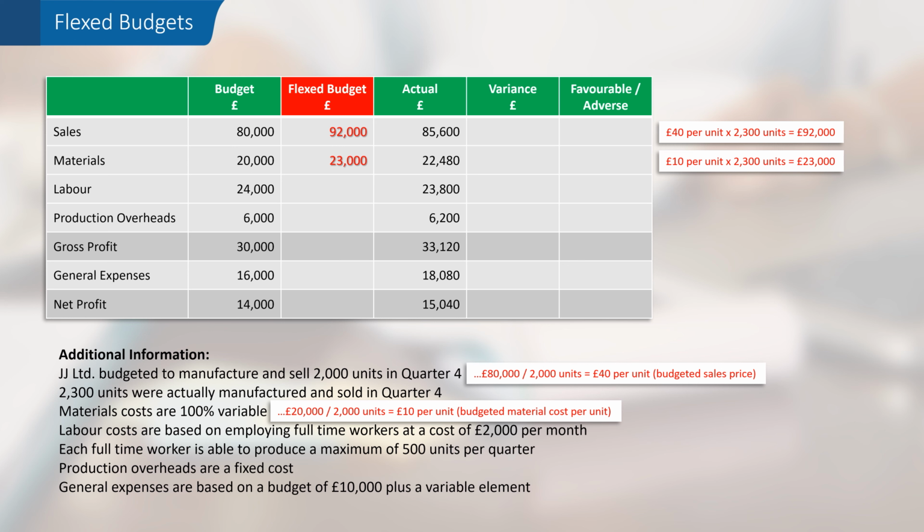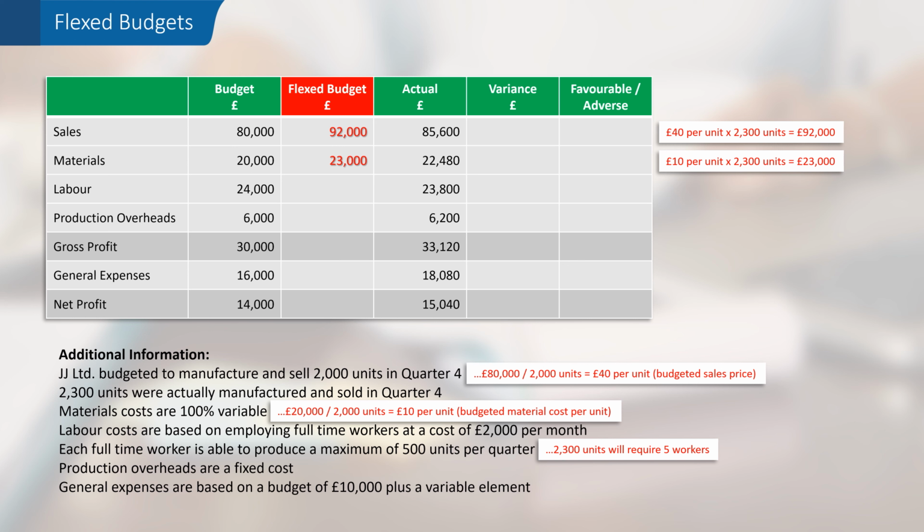Labour costs here are a little more complicated. We're told that each full-time worker can produce a maximum of 500 units each per quarter. So, to produce the original budget of 2,000 units, we would have needed 4 workers. That is, 2,000 units divided by 500 units each. So, to produce 2,300 units, we're going to need an additional full-time worker, which will allow the business to produce up to 2,500 units.